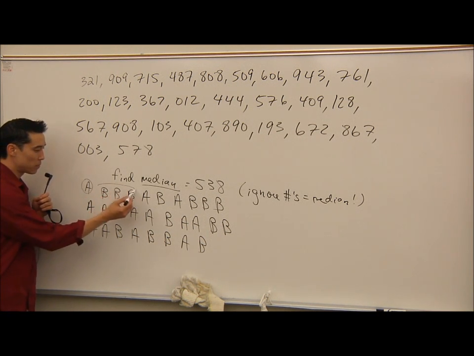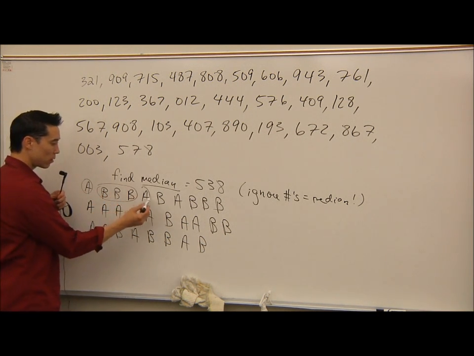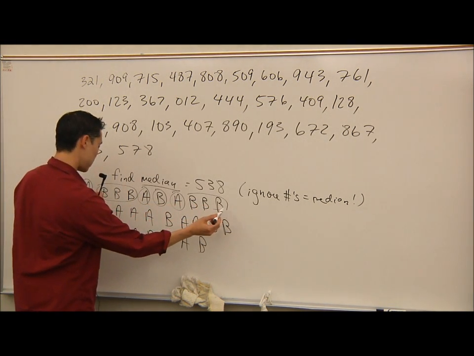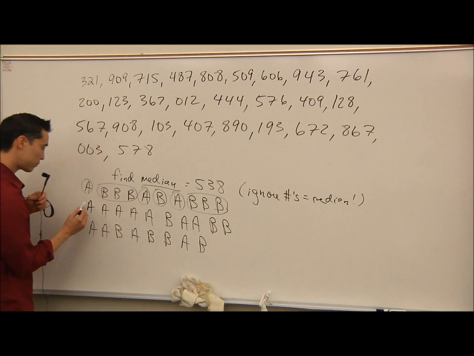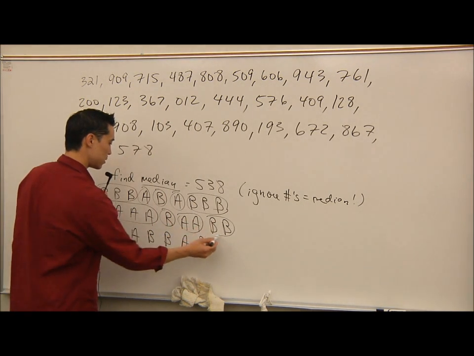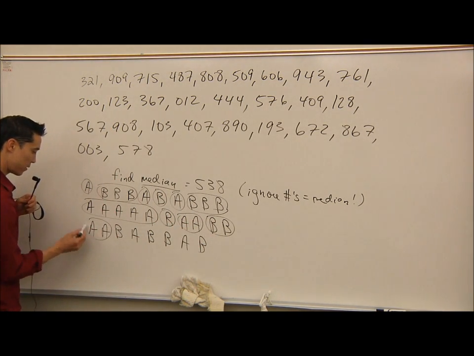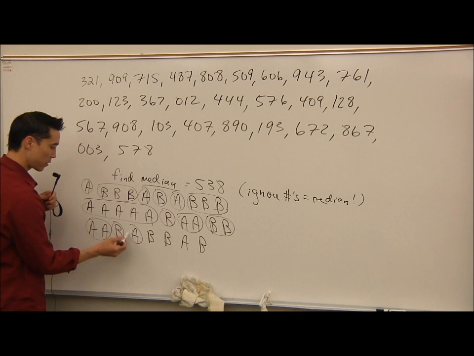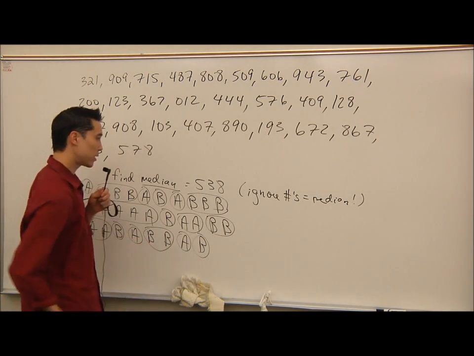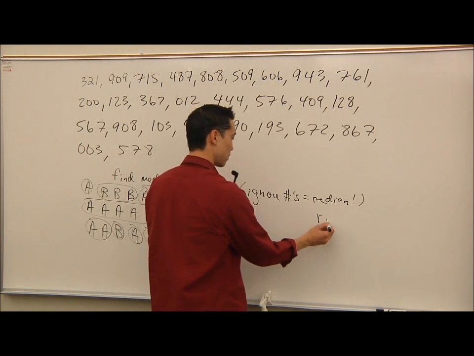So we have 1, 2, 3, 4, 5, 6, 7, 8, 9, 10, 11, 12, 13, 14, 15, 16 runs on this one? Did you guys get 16 runs? Great.